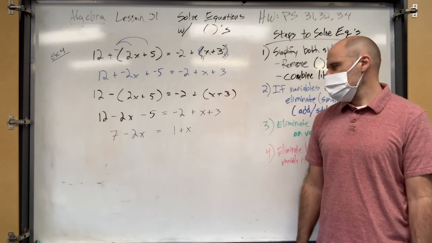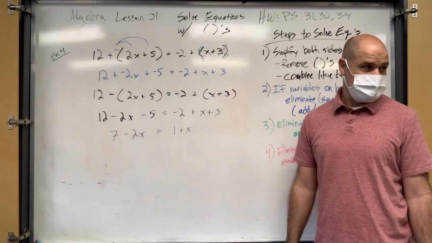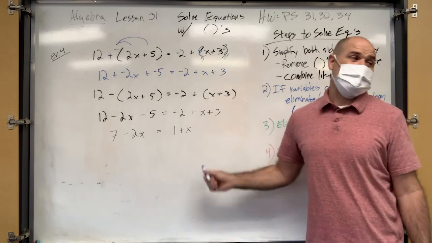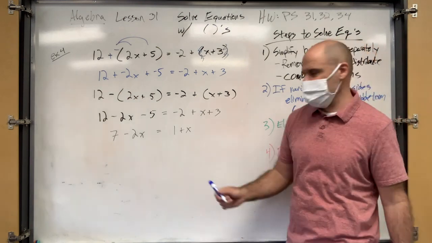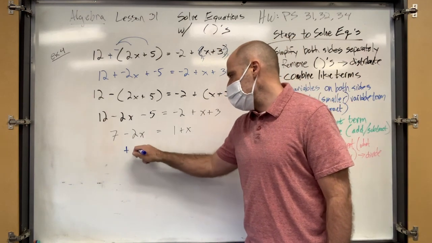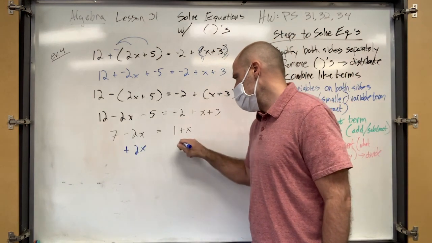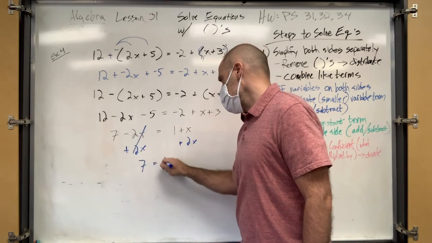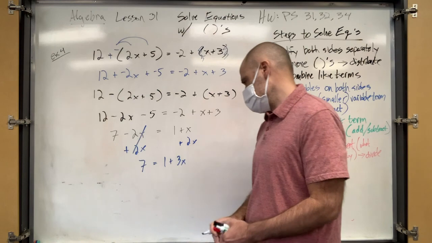Okay, Nathan, which one's the smaller variable? Nice. So you would have said x 15 minutes ago. So because that is a negative, that's the smaller one. Negatives are always smaller than positives. So add 2x to both sides. 7 equals 1 plus 3x.